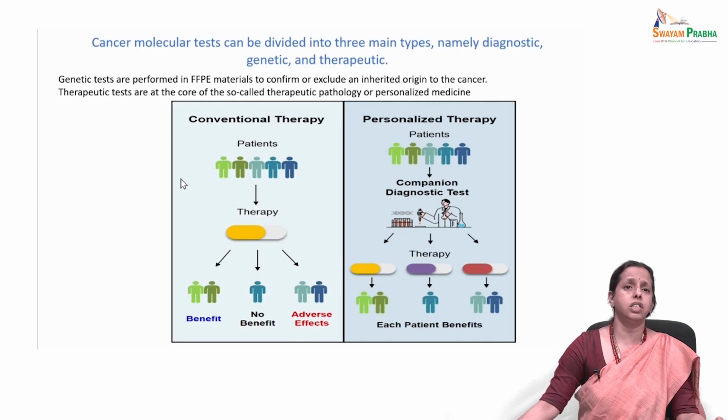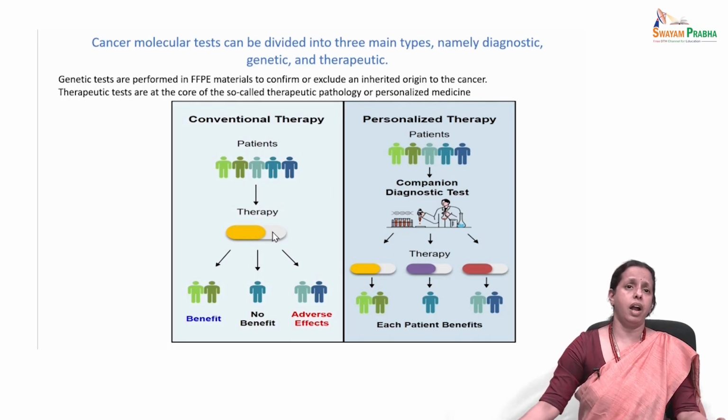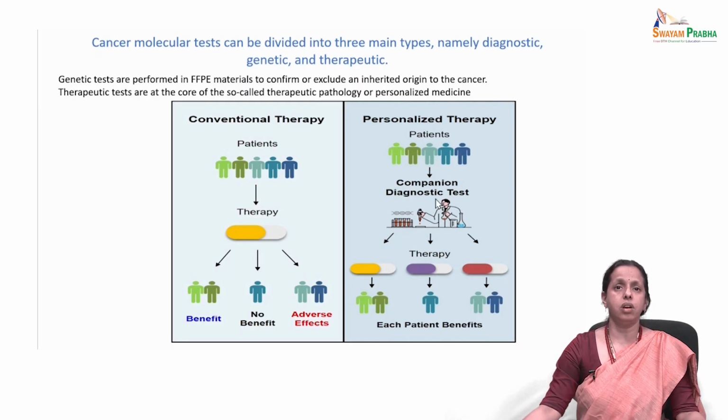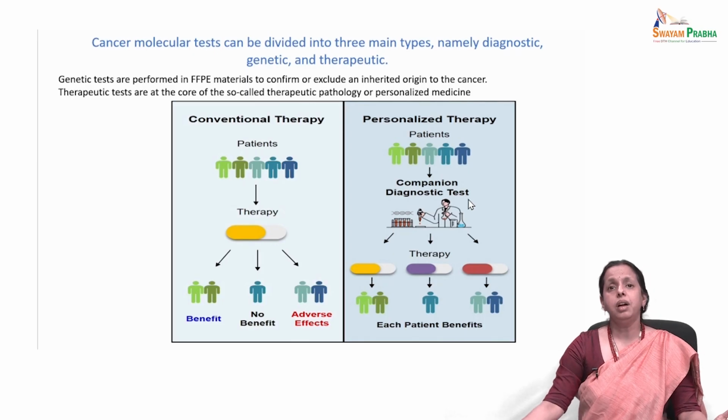This is a very conventional therapy where you have patients who had therapy, then some benefit, some don't benefit and some succumb or have adverse effects. Whereas in personalized therapy, it is like a companion. You have your companion diagnostic test, that is your molecular test. For example, you check for your driver mutations.